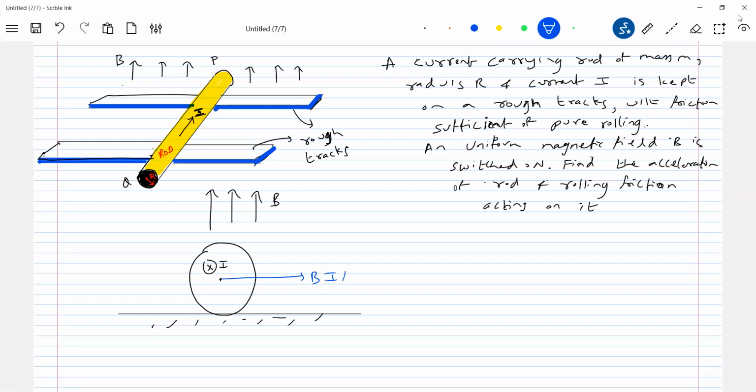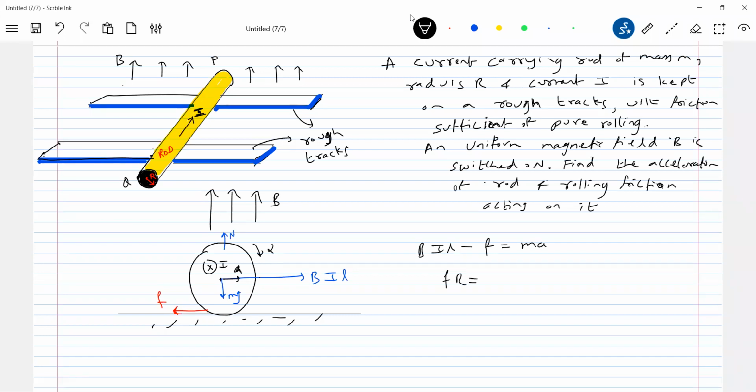Straight away you write it: there's a BIL force, weight mg. What are the other forces? Normal contact, which should act at these points. I'm just showing a plane diagram. What direction is the friction? The friction should act for pure rolling. So, as it is pure rolling, with acceleration a and angular acceleration alpha: BIL minus F equals ma.